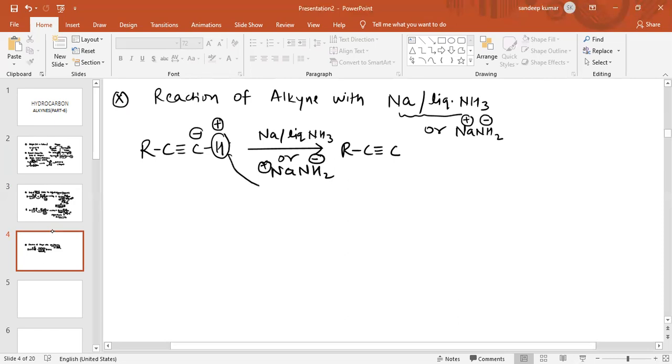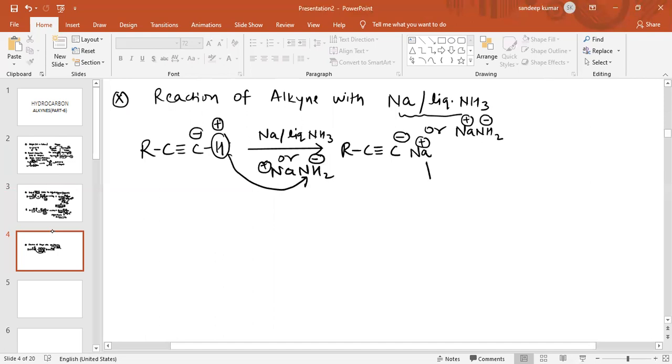This acidic hydrogen combines with NH2, so ammonia gas will be released. Then the sodium positive ion combines with this carbon negative ion, giving R, C triple bond C minus, Na plus.